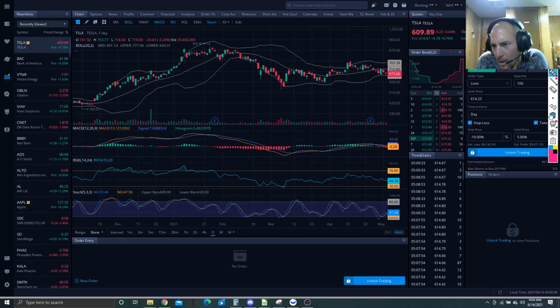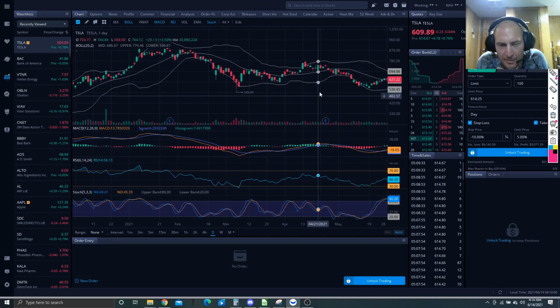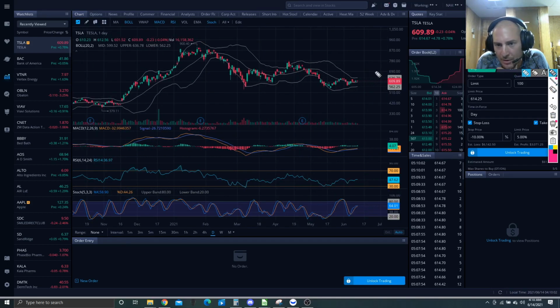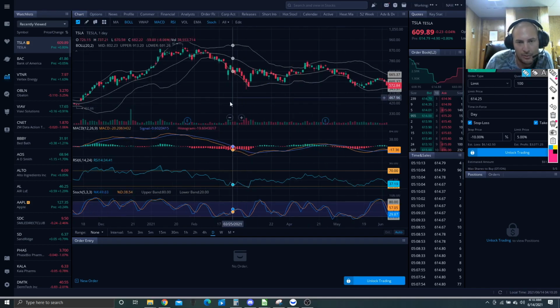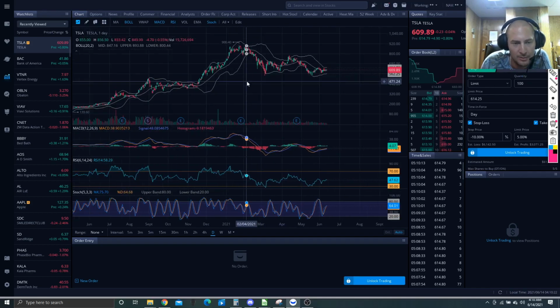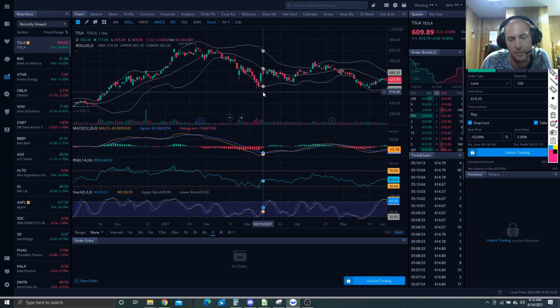So another couple of things to note here: as price volatility gets smaller, the bands get smaller. Price volatility swings get higher, look, the bands get larger, right? So I'm going to show you guys a real quick, nice, easy, simple way to trade these Bollinger Bands that works.